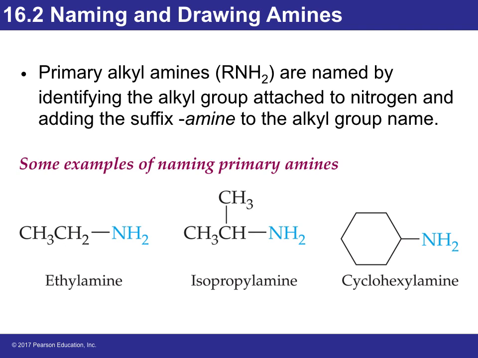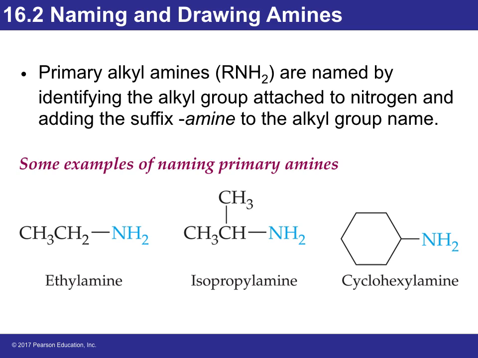Being able to name them: primary alkyl amines, RNH2, are named by identifying the alkyl group that is attached to the nitrogen atom and adding the suffix amine to the alkyl group name. Some examples right here. I see that I have 2 carbon atoms on the left, so that's the ethyl, and then you have NH2, so the name becomes ethylamine.